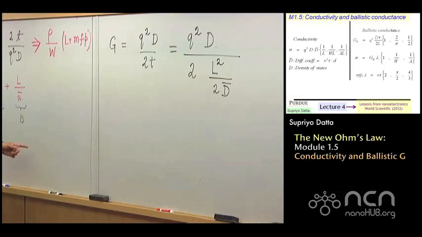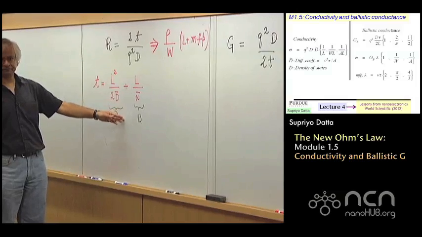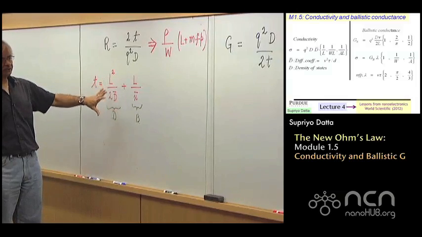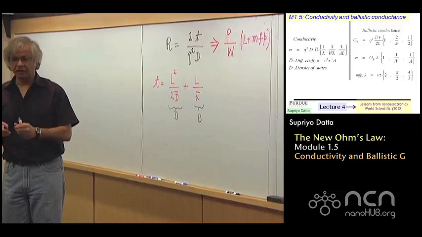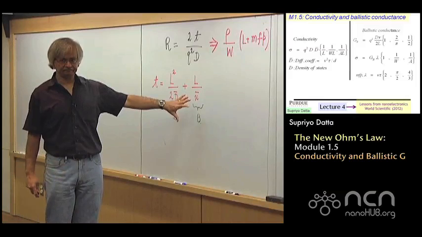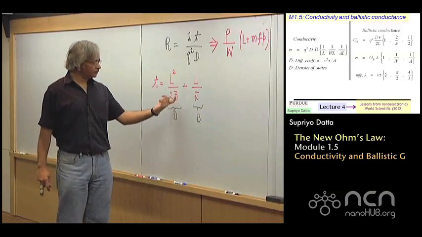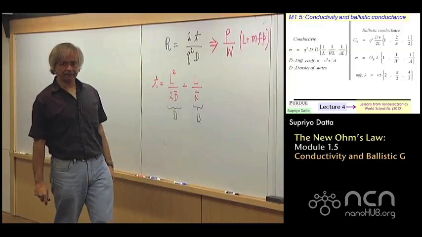What I'm doing now is just using the diffusive part of it to get an expression for the standard conductivity. That is, if you had a long conductor, so the ballistic part didn't matter, then the conductance would be given by what I have written there.